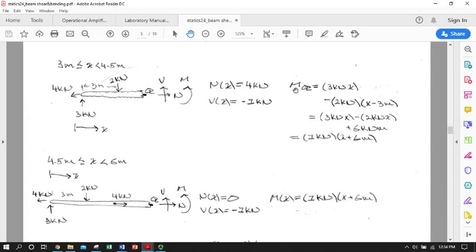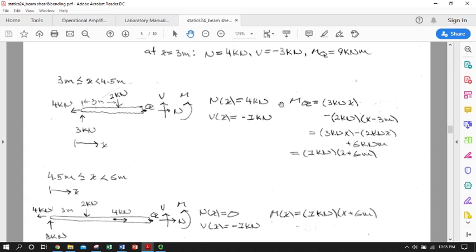So if we integrate our shear expression with respect to x, we get moment, and we're going to integrate starting here at x equals, effectively, 3. We can use our original expression for shear as 3 kilonewtons and then integrate piecewise and get 3 kilonewtons times x as the negative integral plus negative.